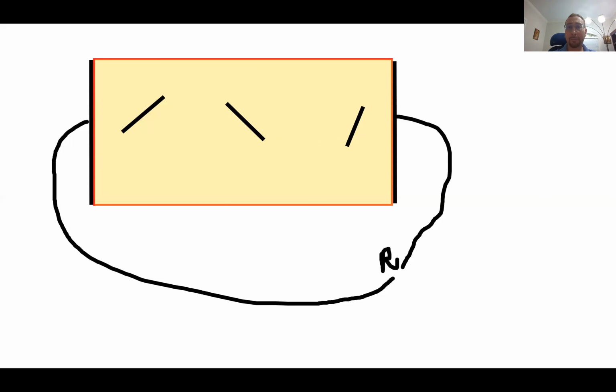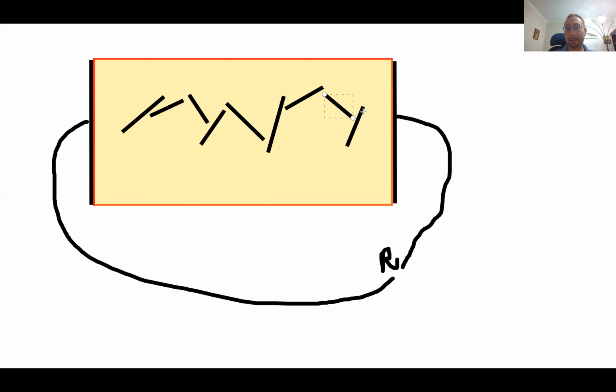But now, imagine I keep adding carbon nanotubes. Still, the distance between them is very high. Then imagine I keep adding until I get to a scenario like this.